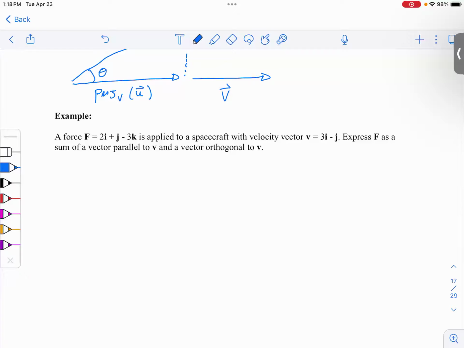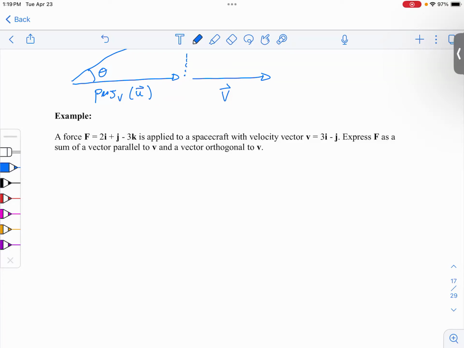But notice, did it say vector projection? No. So a lot of times you see it, but when it says applied to a spacecraft, when force is applied to something, that by definition means you're projecting it, you're moving it, you're adjusting it. So it doesn't always say vector projection, but definitely when it says break it as a parallel and orthogonal piece, that should imply vector projection.